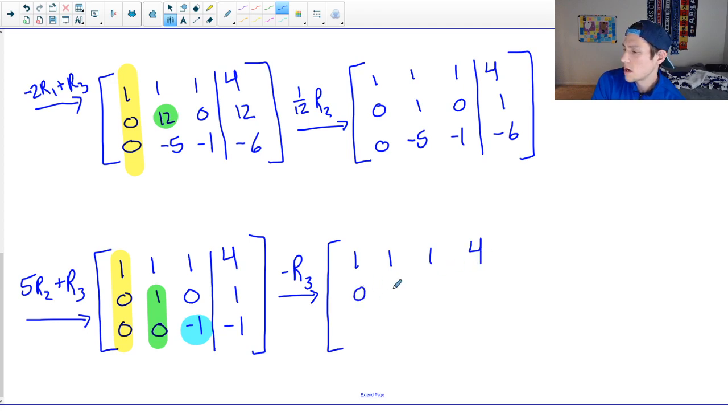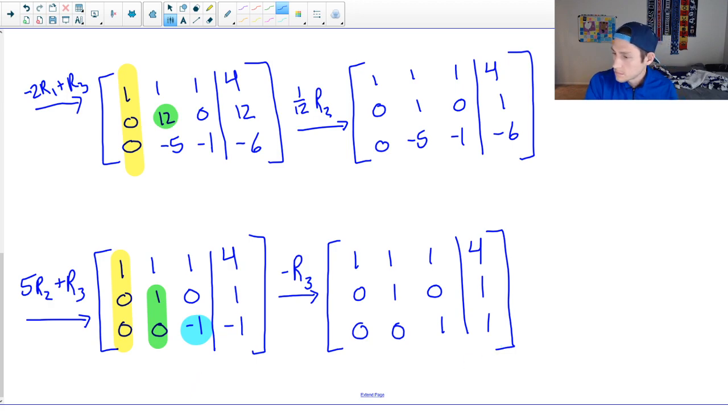First rows stay as they are. So I have everything that I want so far.